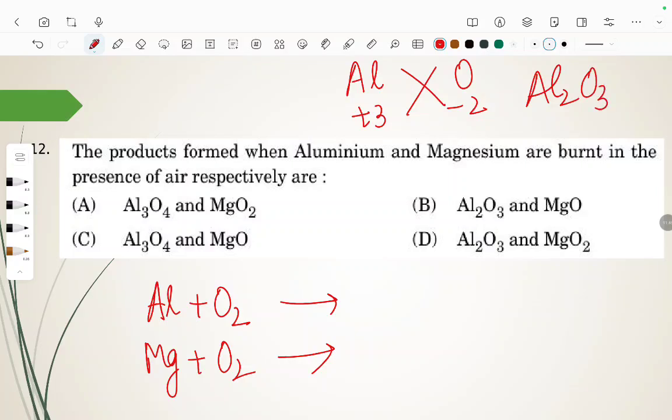Please revise the chart from your grade 9 atoms and molecules chapter. You should know the charges on some ions, like sulfate ion, nitrate, and the elements 1 to 20 in series, so that you can calculate the valency very easily in exam. Al2O3, and magnesium oxide. So B option is absolutely correct.